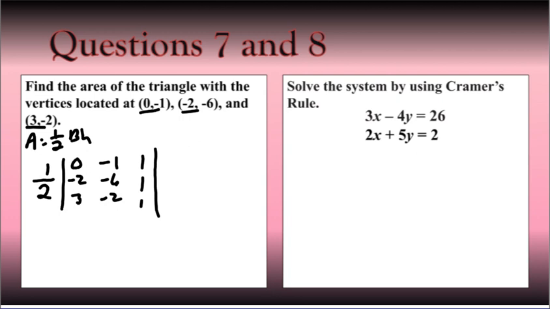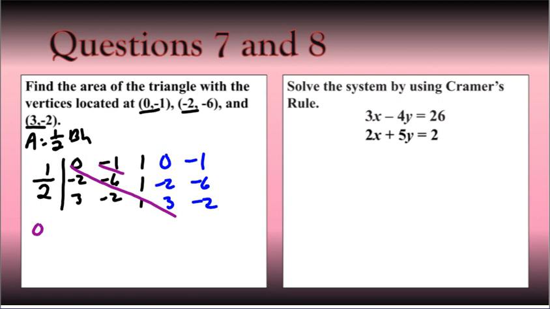Now we're just going to find the determinant of a 3 by 3. I'm just going to erase this part, and I'm going to put these next two columns next to it. All right, so now we're going to multiply going down first. So 0 times negative 6 times 3 is 0.